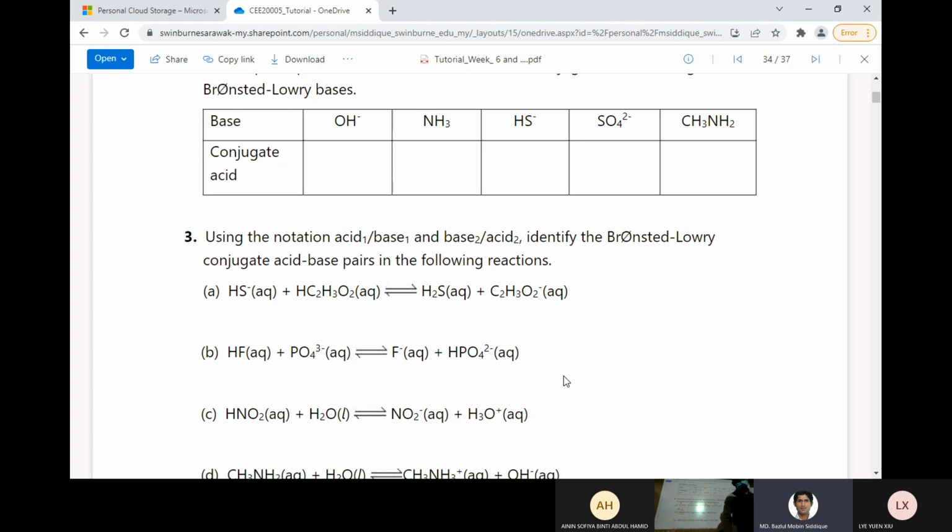So this is the confusion, and I hope that you remember later on. So this is giving one hydrogen, and it is acid 1, and this is base 1, and it becomes base 2, and hydrogen biphosphate ion becomes acid 2, right? Easy thing.